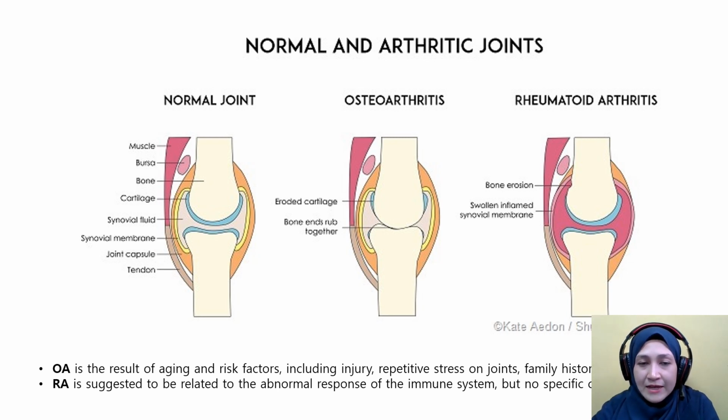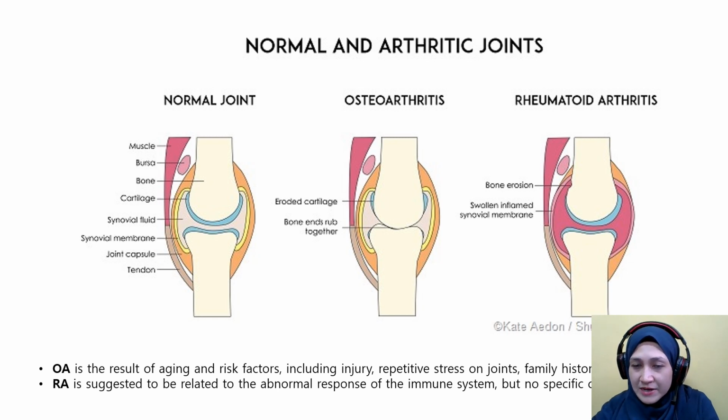Okay, and this eroded cartilage may be associated with aging, or the risk factor might also include injury to the area, repetitive stress on the joint, and can also be because of family history of osteoarthritis. So it's more of like a wear and tear condition.